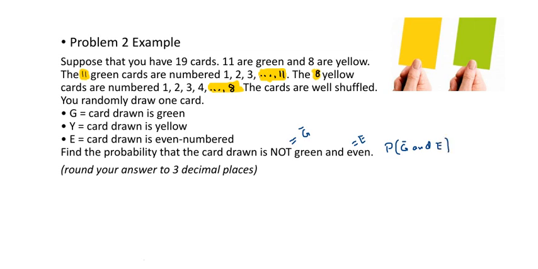This time, rather than counting out the cards, sometimes if we have a lot of cards, it's a big hassle and a little tedious to go counting by hand. So we do have a formula that says the following.